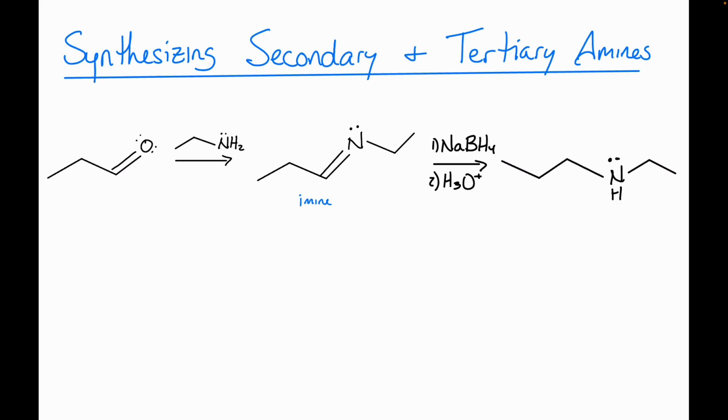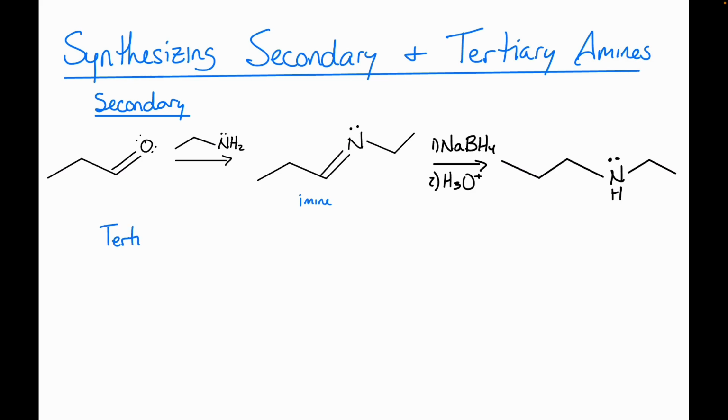Okay, so we can synthesize a secondary amine by taking our aldehyde or ketone and adding a primary amine to it and then reducing that imine product.